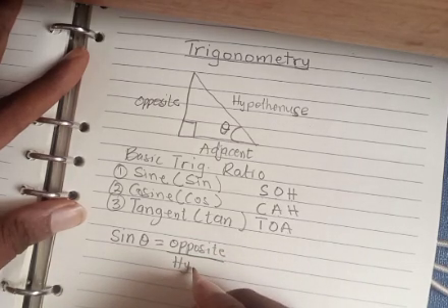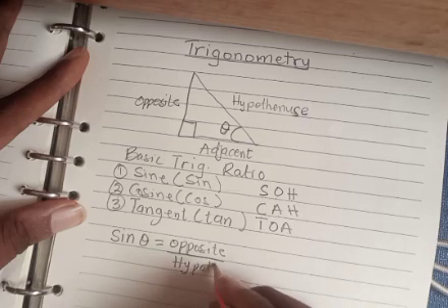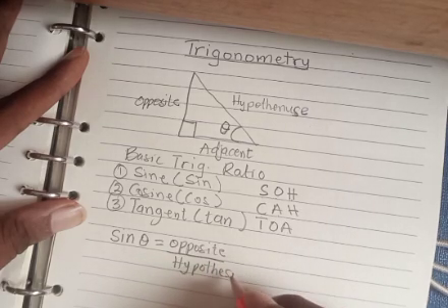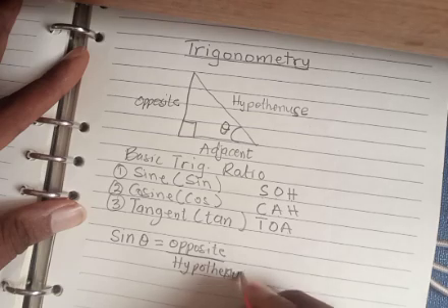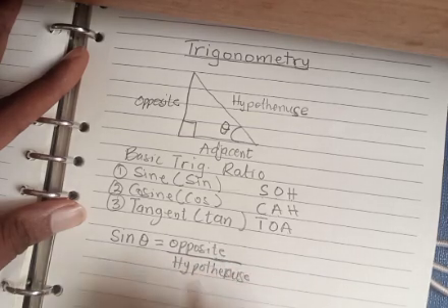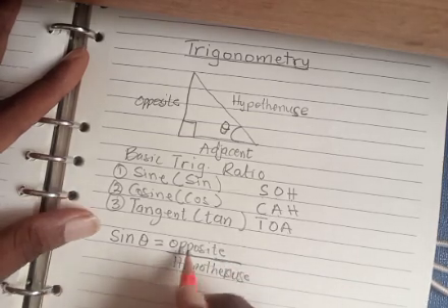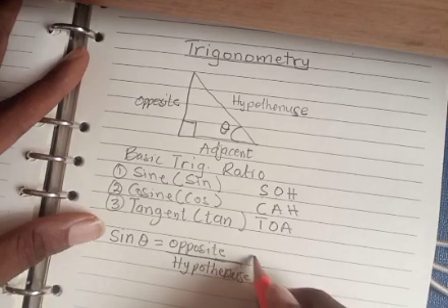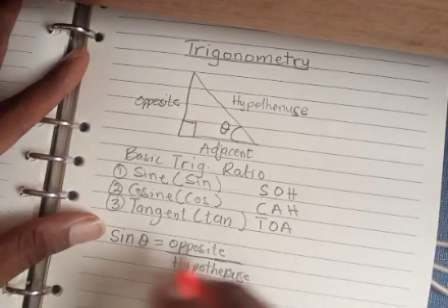So these are the ratios I'm talking about. This can also be written as opposite is to hypotenuse. That's why we call it a ratio.